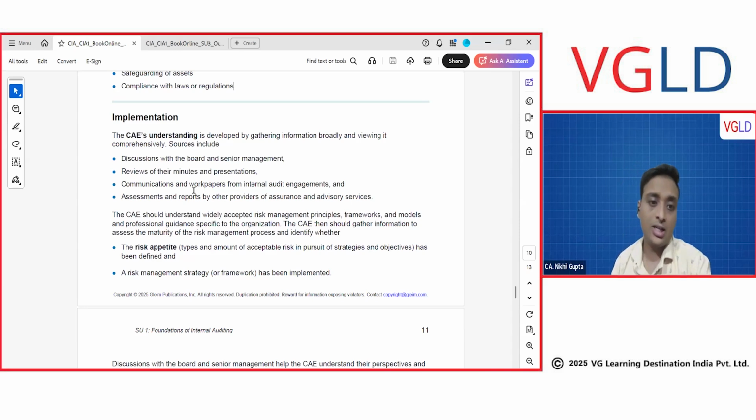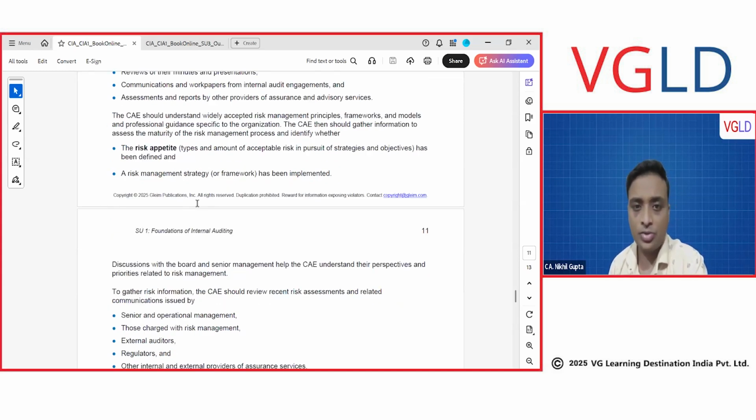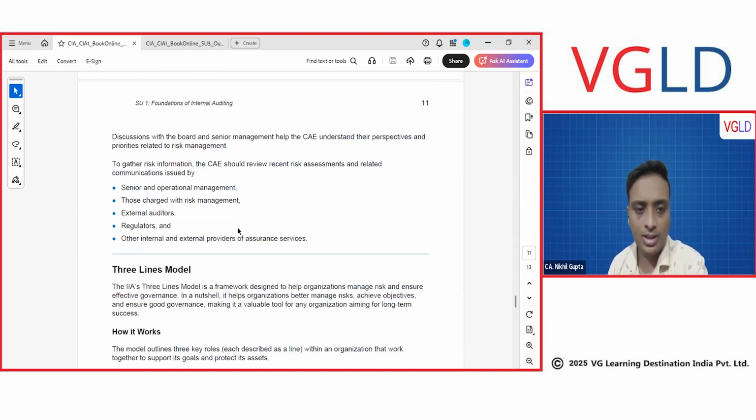The chief audit executive should understand widely accepted risk management principles, frameworks, and models, and professional guidance specific to the organization. The CAE then should gather information to assess the maturity of the risk management process and identify whether the risk appetite, meaning the type and amount of acceptable risk in pursuit of the strategy and objectives, has been identified and defined, and whether the risk management strategy has been implemented.